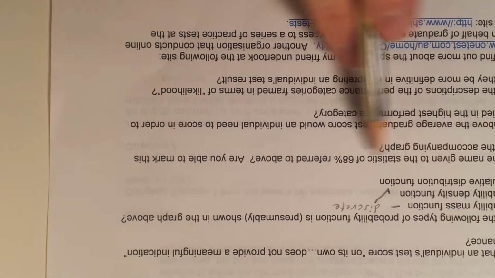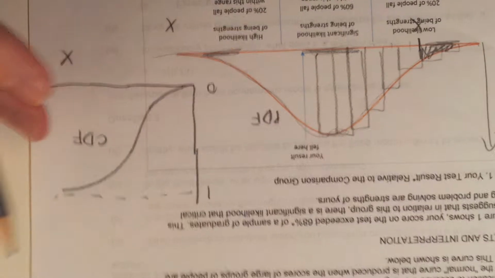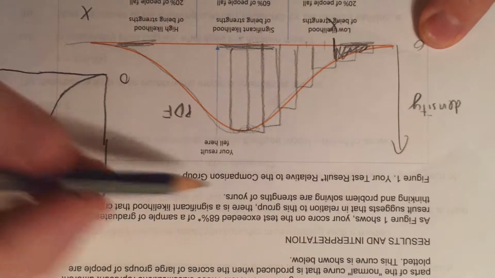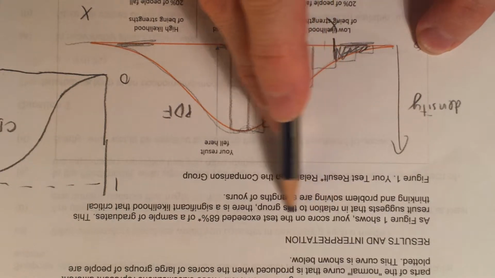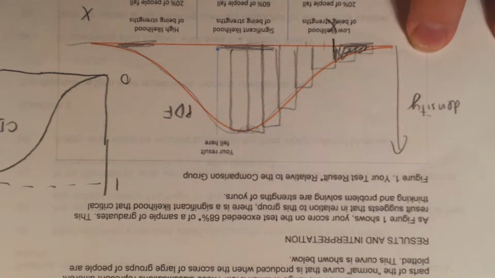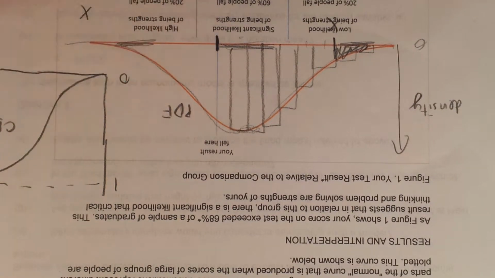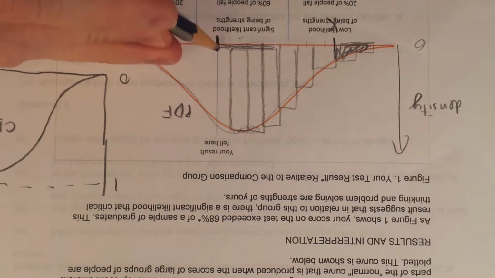Then it says, what is the name given to the statistic of 68% referred to above? So in the question, this 68% is that your score on the test exceeded 68% of a sample of graduates, and your score there is being measured along this axis, or perhaps a standardized version of it.